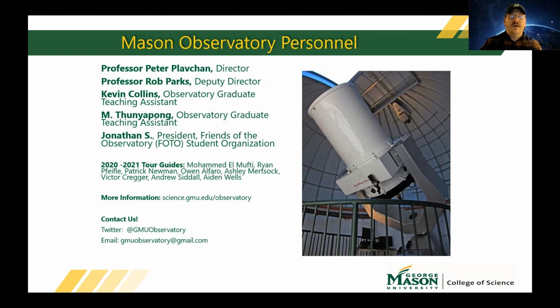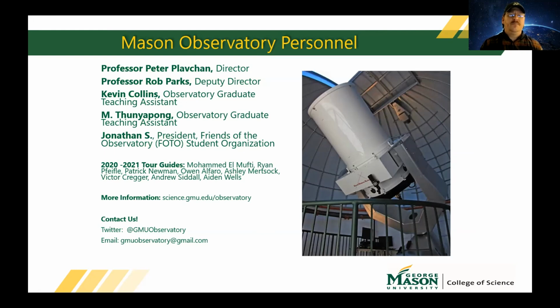And then we have the Friends of the Observatory, or PHOTO, student organization. They actually had a night, I believe it was last night, where the club had full reign of the telescope. They were able to point it at whatever they wanted, take images of whatever they wanted, and they do this on a semi-regular basis.